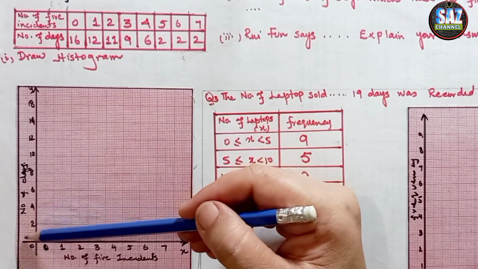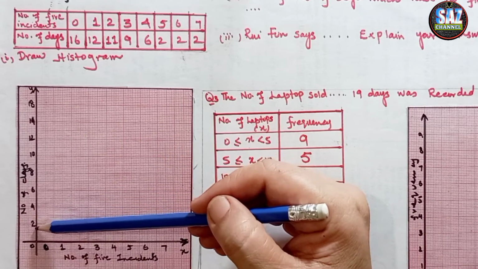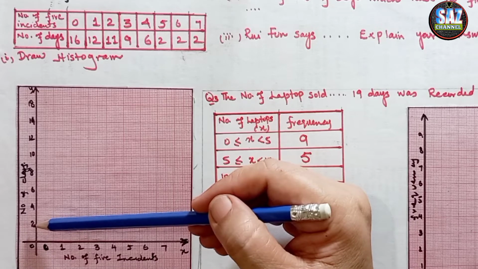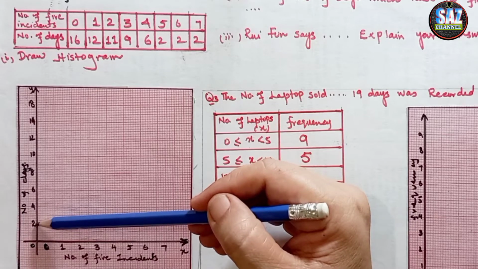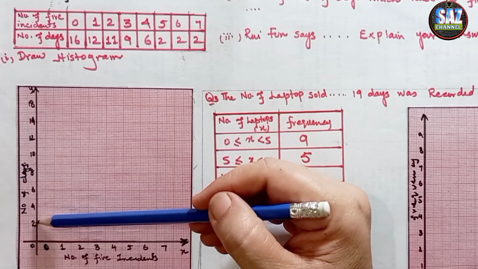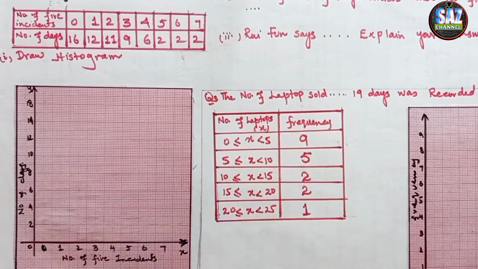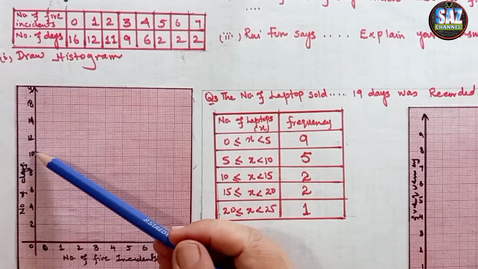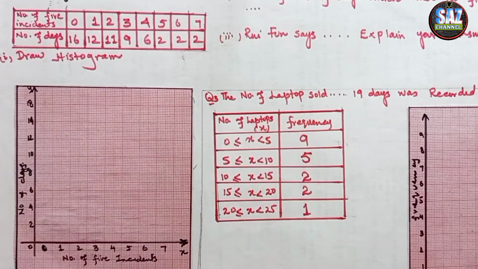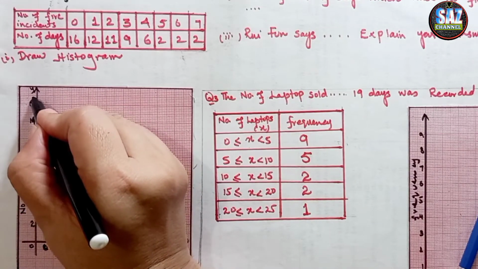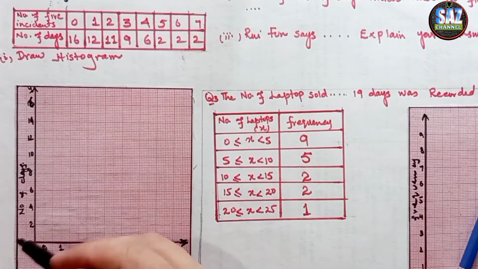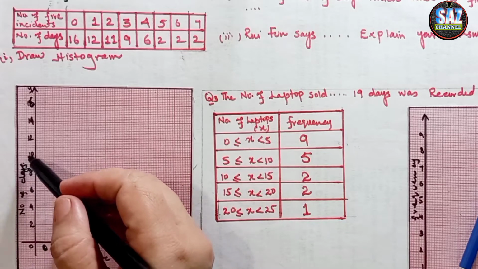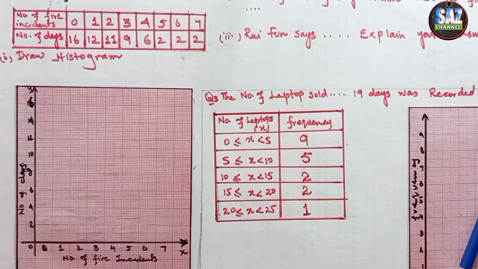So manage the scale: for the y-axis I'm taking 1 centimeter equals 2 days. So 2, 4, 6, 8, 10, 12, 14 and 16. 8 blocks will be sufficient for me to accommodate 16.